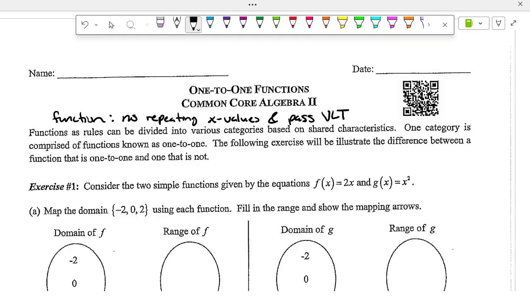It's just depending on what you're looking at. If you're looking at a table of a function, none of the x values should repeat. If you're looking at a graph of a function, it should pass the vertical line test. Now, the category of function that we're talking about is one-to-one.